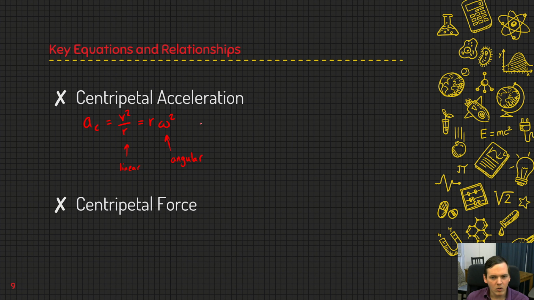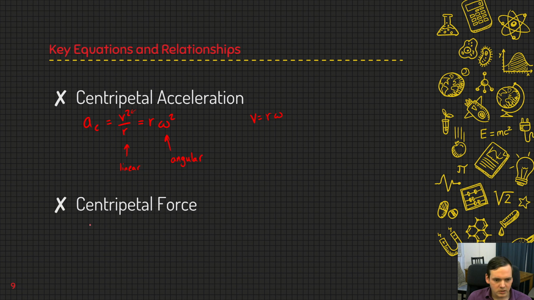If you know how fast the rotation is, say it's doing 2 rotations a second, you can find the angular speed, square it, and multiply by r. This is just from knowing that v equals r omega. So if v equals r omega, then when you plug r omega in for v in the top of this expression, you're going to get r omega squared as a result.